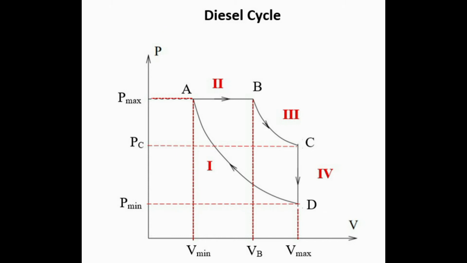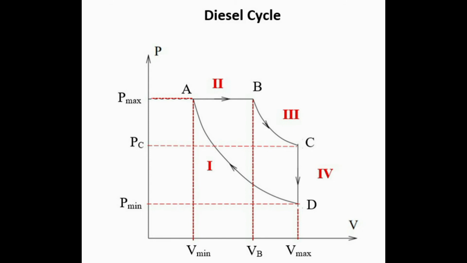In 2, the process is isobaric, where the volume varies from Vmin to Vb, Vb being a value that must be supplied. In 3, the process is adiabatic and the pressure is calculated as P equal K3 divided by V to the power gamma.